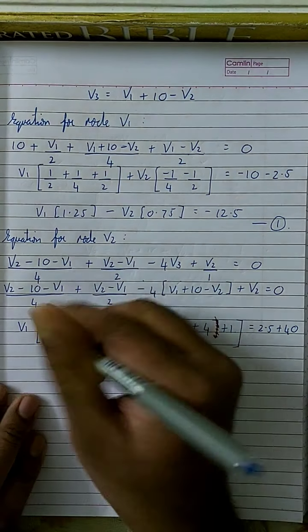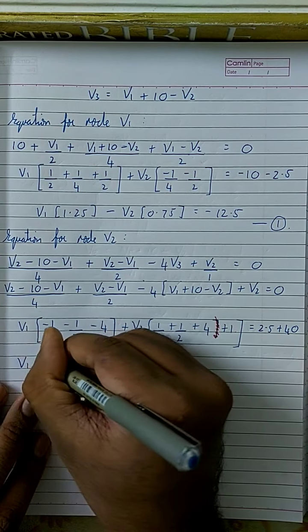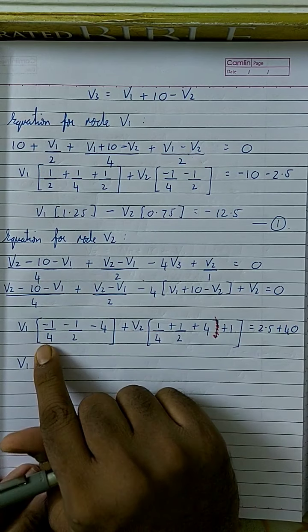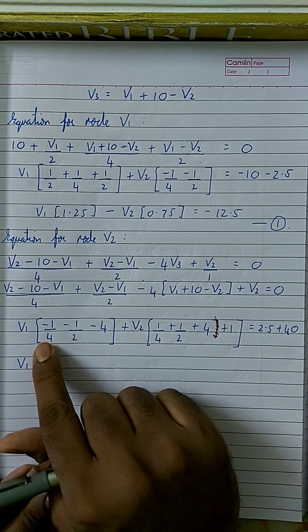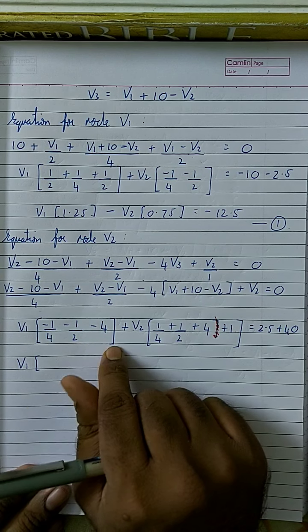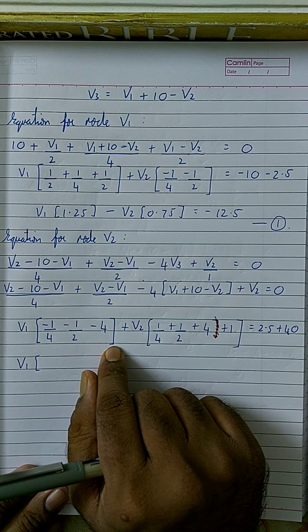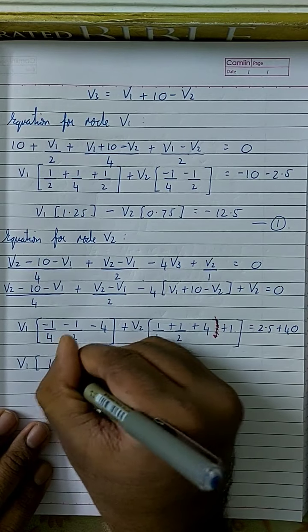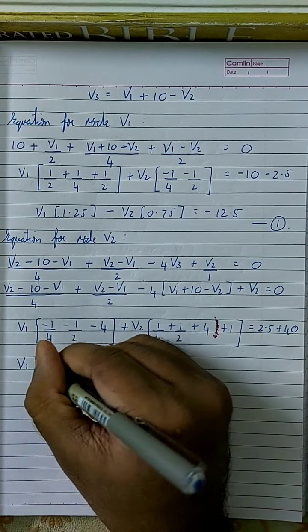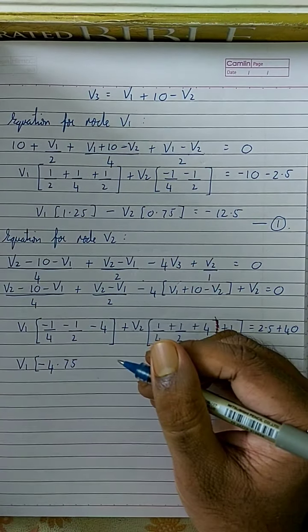So let me see. What is the equation for V1? V1 into, what about this? This is 0.25, this is 0.5, which means this will become 0.75, and this is 4. So this becomes minus 4.75, right?